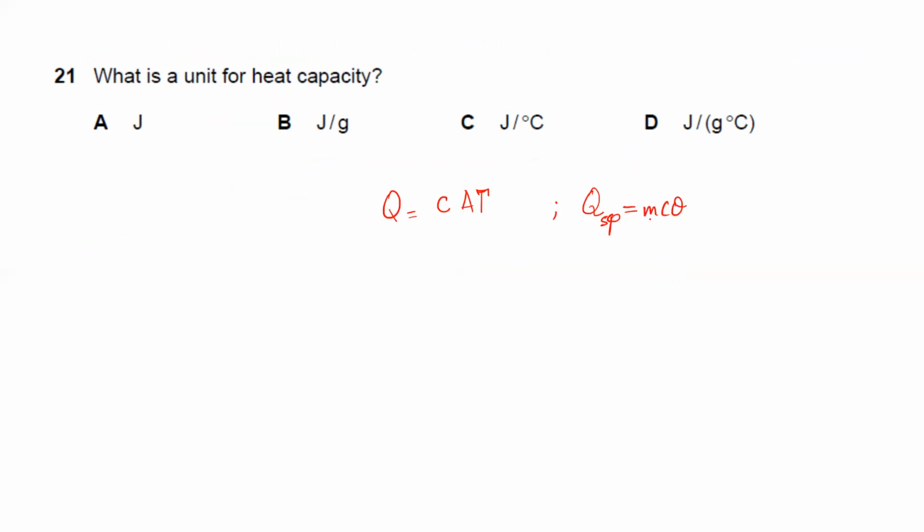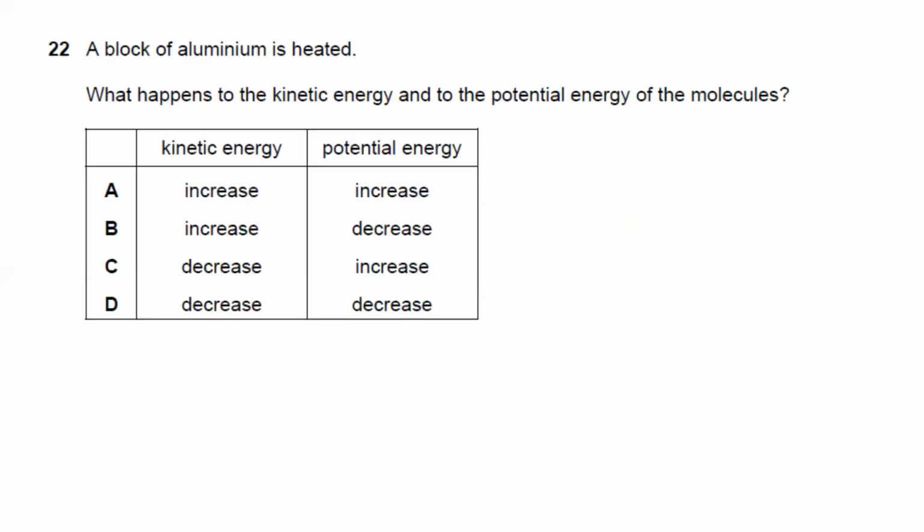This is specific heat capacity and this is heat capacity, C times delta T. So heat capacity generally is in joules, with delta T in degrees centigrade. That is my heat capacity, or capital C. The answer is again C, J divided by degree centigrade. And then it says a block of aluminum is heated. Aluminum is a metal and that metal is heated.